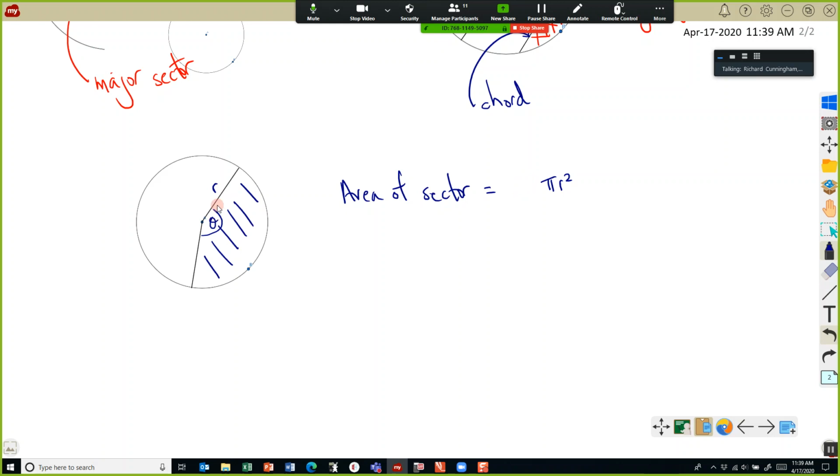Well, no, it's theta. We don't know what angle it is. Right, good. So you work out it's theta over 360 because it's the angle. That's the fraction of the circle, and this is the area. Does everybody remember this from last year?